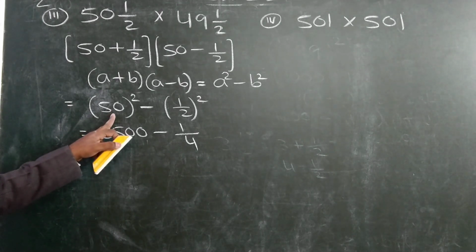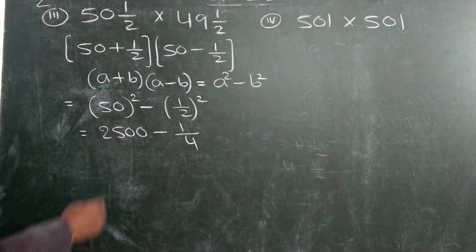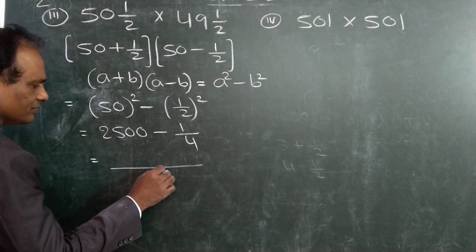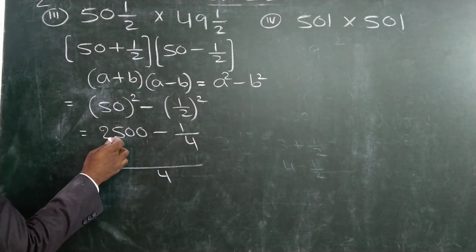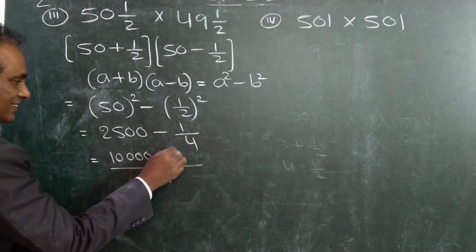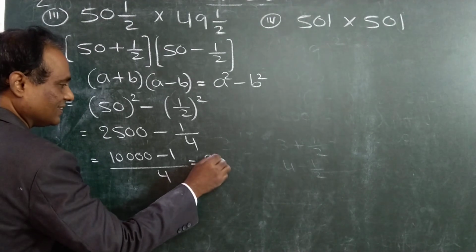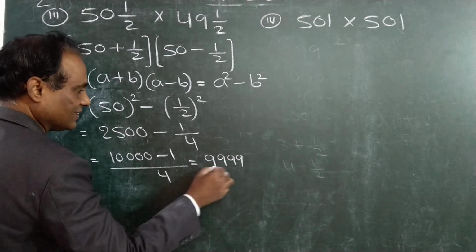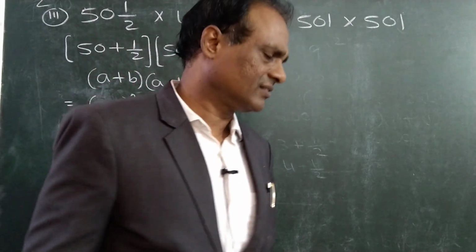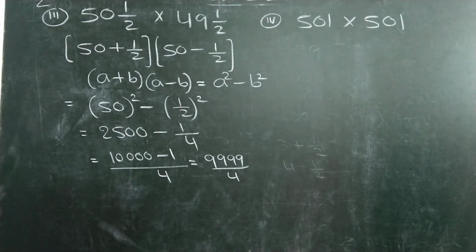You multiply 50 into 50, 2500. This is the answer, or you can take LCM, 4 into 2500, 10,000. Like this also you can write. Or you can leave it.